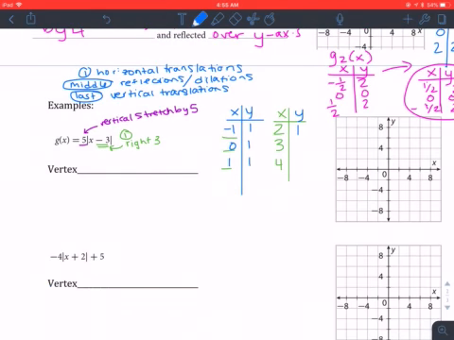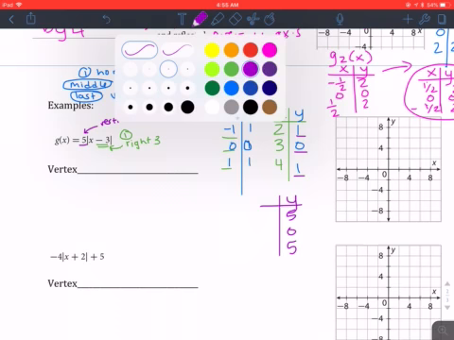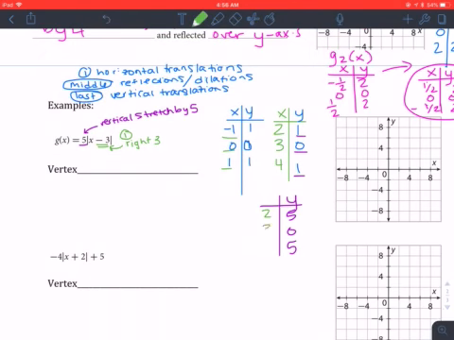Okay, at this moment, my y values are all the same. Oh, I apologize, this should be a 0. And then I'm going to vertically stretch by 5. So that's my new y value. I'm going to take all of these and multiply them by 5. So 1 times 5 is 5, 0 times 5 is 0, 1 times 5 is 5. And my x's are the same there.